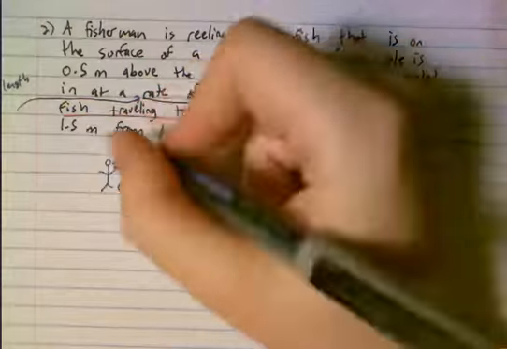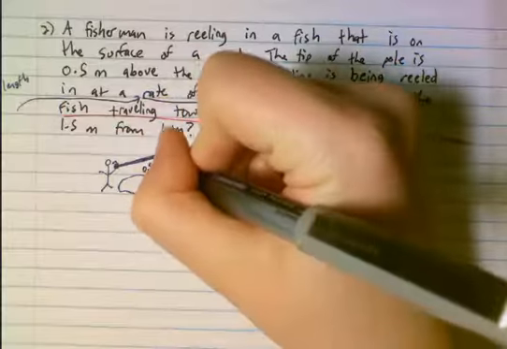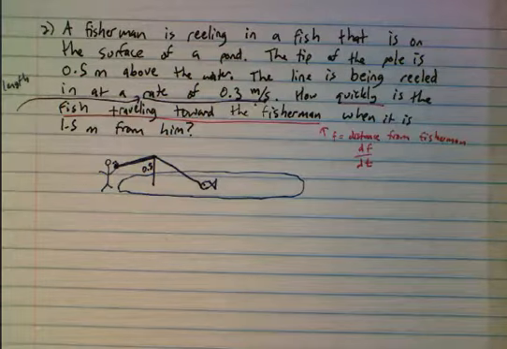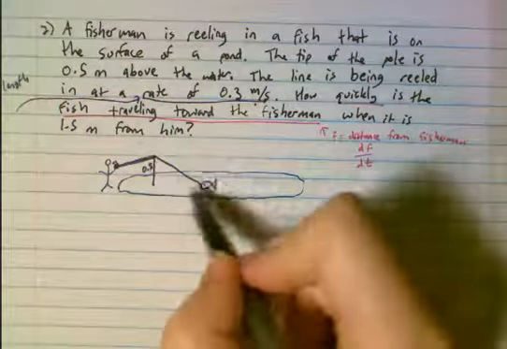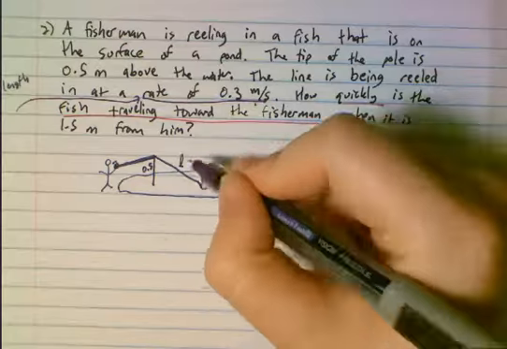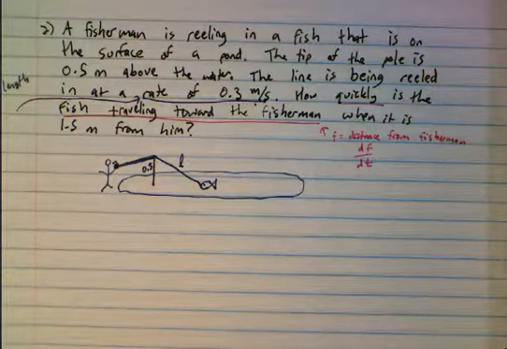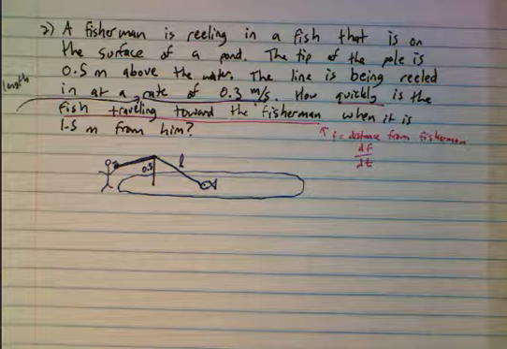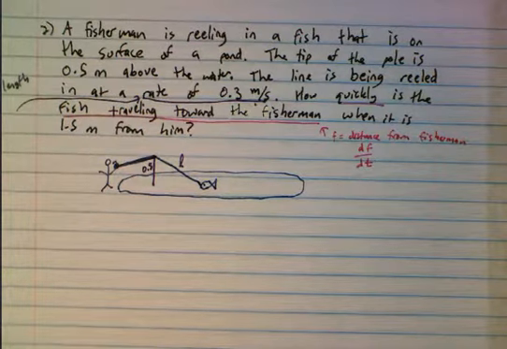So that we can label with a number, 0.5 meters. The line is being reeled in, so the line length is changing. This must be L. How quickly is the fish traveling toward the fisherman? Let's see. When it is 1.5 meters from him.